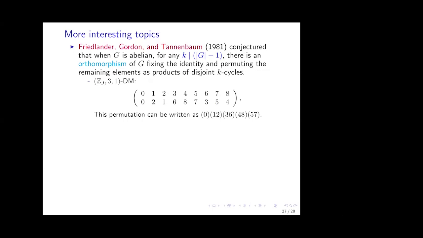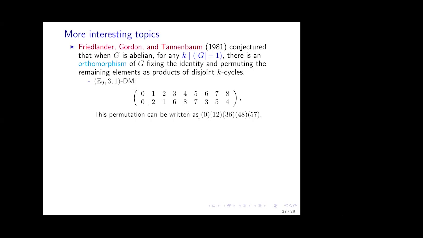Here is an example of a J9 31 difference matrix. The first row consists of 0, so I omit the first row. The second row is a permutation of J9. The third row is a permutation of J9. When we focus on these two rows, it can be seen as a permutation, and this permutation can be written as a product of disjoint cycles.